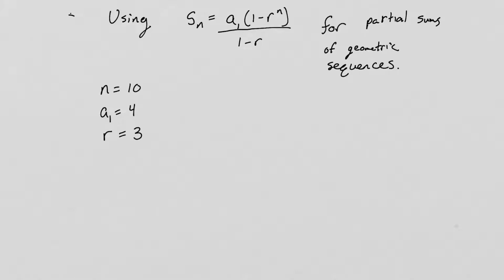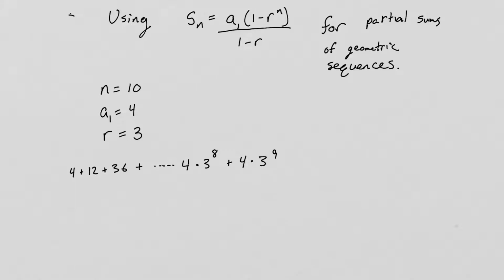So what we're basically asking ourselves here is, what is 4 plus 12 plus 36 plus all the way up to 4 times 3 to the 8th plus 4 times 3 to the 9th.